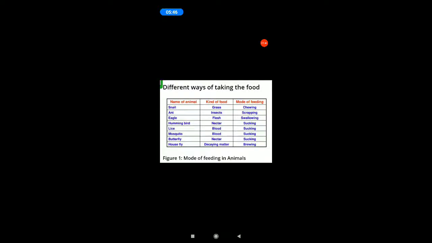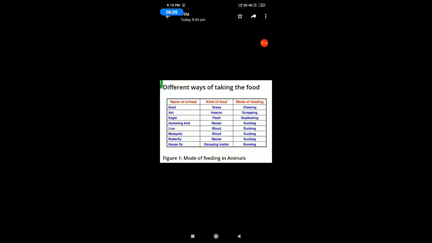Next, ant. Kind of food, insects. Mode of feeding, scrapping. Next one, eagle. Kind of food, flesh. Mode of feeding, swallowing. Next, hummingbird. Kind of food, nectar. Mode of feeding, sucking.